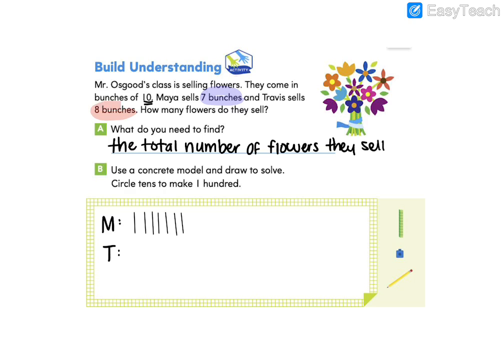We know that Travis sells 8 bunches. Go ahead and represent what that would look like using a concrete model. You should have drawn 8 for Travis.